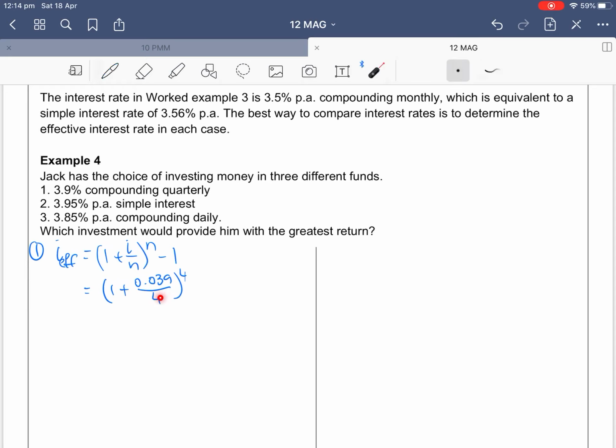Remember, those two numbers there will always match. Minus 1. Pop it in our calculator. We end up with 0.03957, which is the same as 3.96%. So I'm just going to round that to 2 decimal places. So that's number 1. That's this option for Jack.